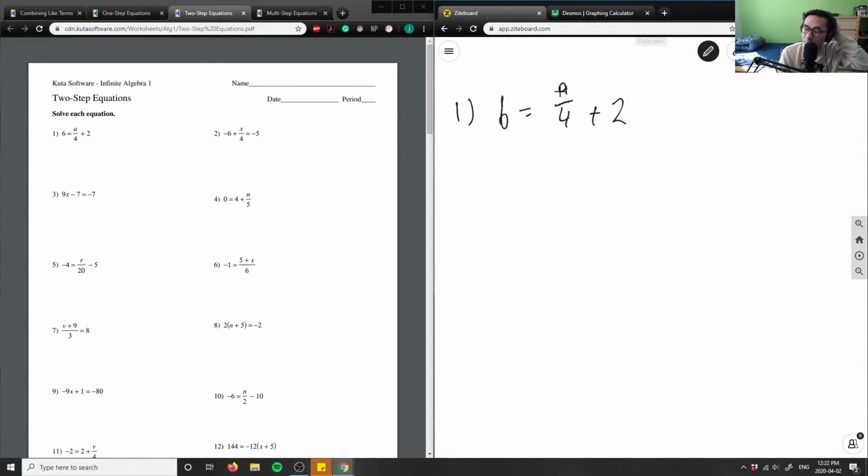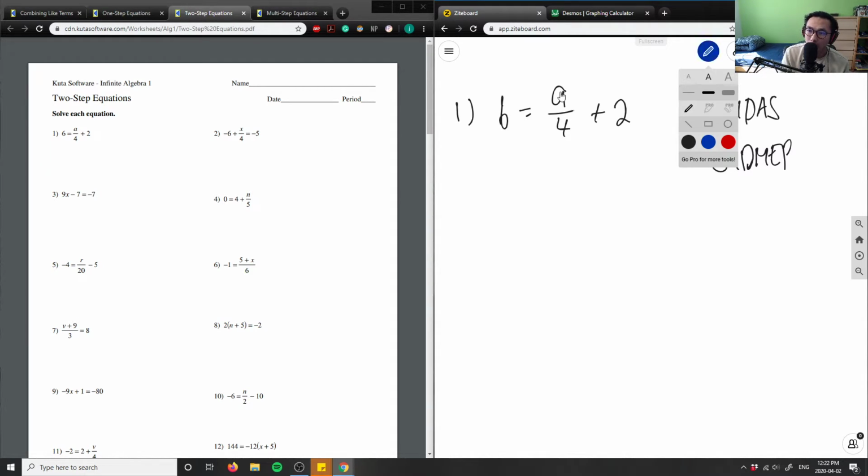So when we talk about this concept of solving equations, when we're isolating the variable, we're going to have to do the reverse of PEMDAS. Remember it was P-E-M-D-A-S, right? We're going to have to do SADMEP.